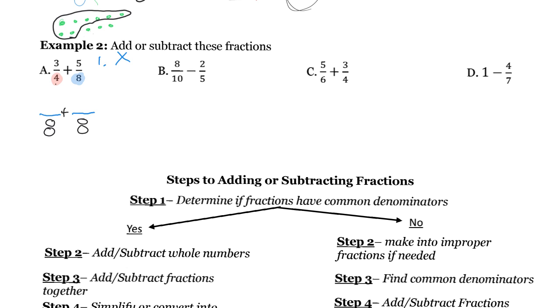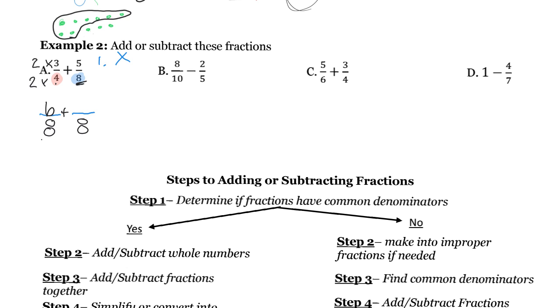What do I need to do to 4 to make it become 8? I have to multiply by 2. So I have to do that to the top. Multiply by 2. So now our 4 becomes an 8, and our 3 becomes a 6. This other fraction's already an 8, so I don't need to do anything to it.